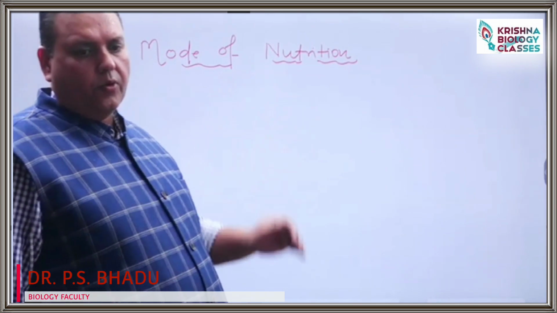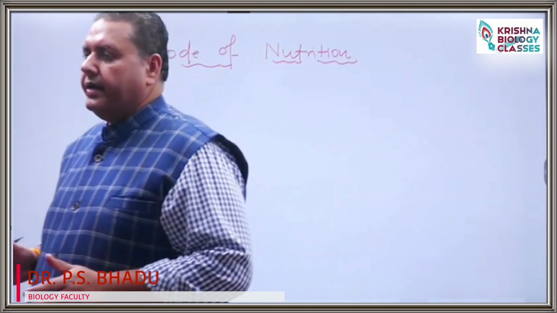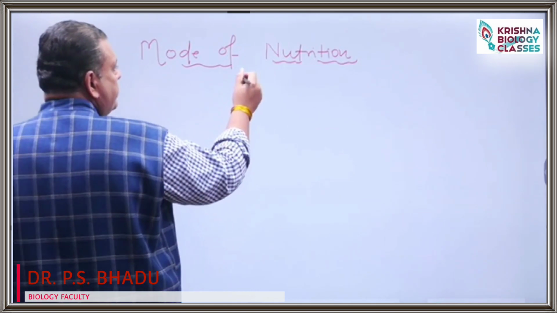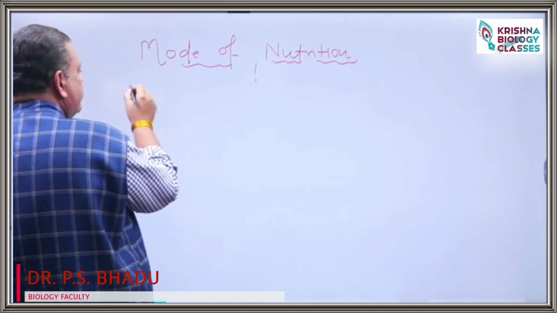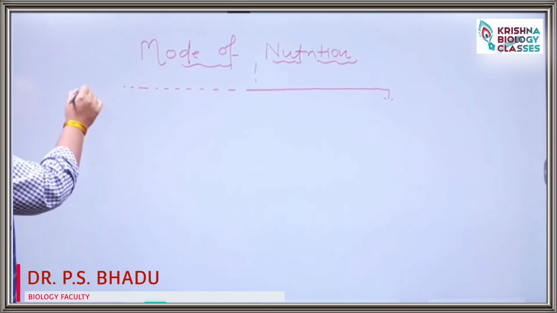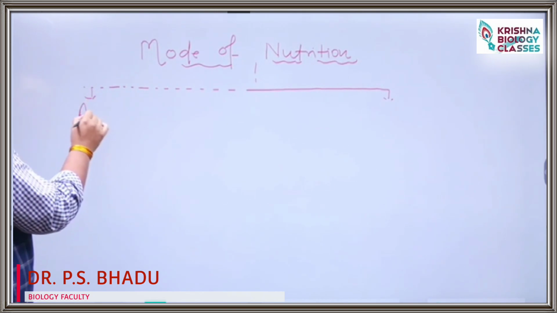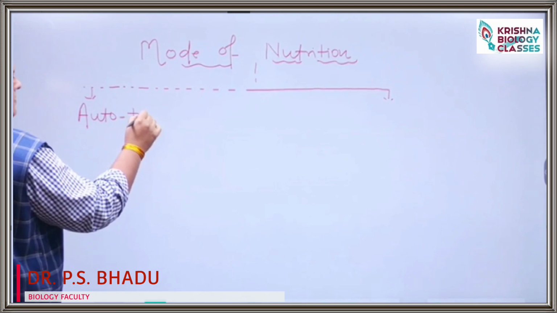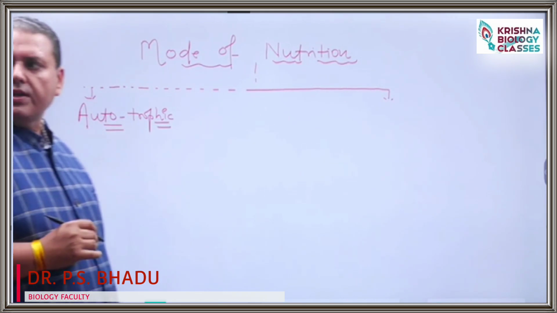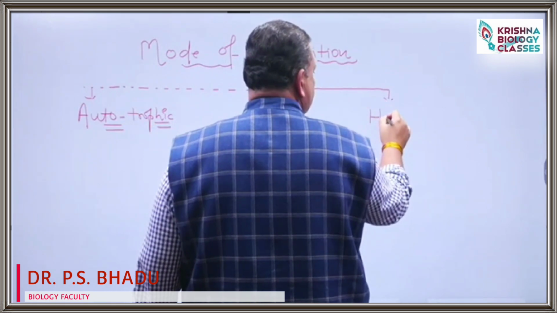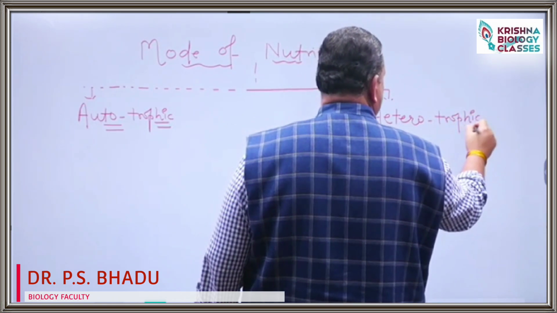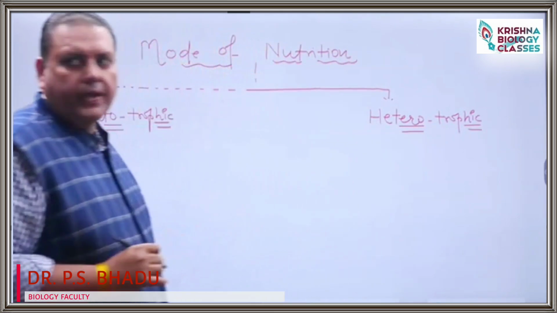On the basis of mode of nutrition, all organisms are majorly divided into 2 subgroups: autotrophic mode of nutrition and heterotrophic mode of nutrition.